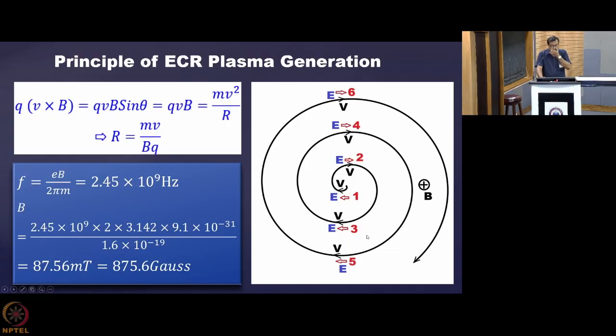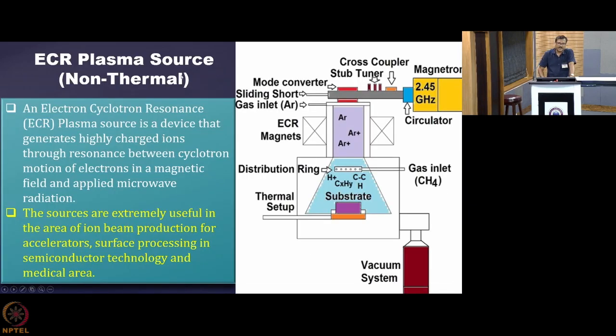So when we apply this magnetic field, and this is the microwave frequency that we apply, then the plasma undergoes this electron cyclotron resonance, and what we get? A plasma that is created at the downstream here, for whatever processing that we want to do.